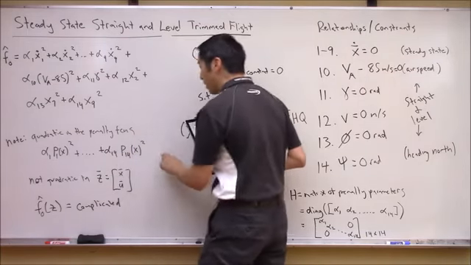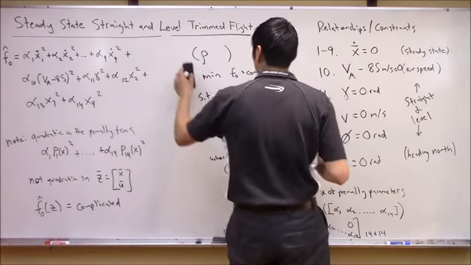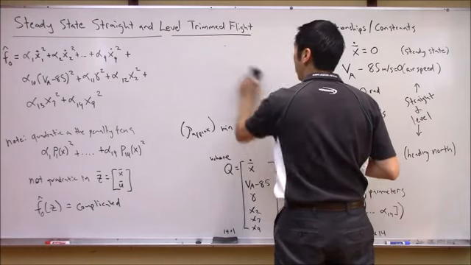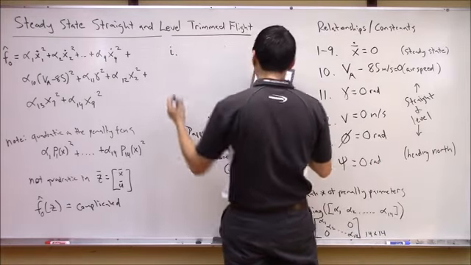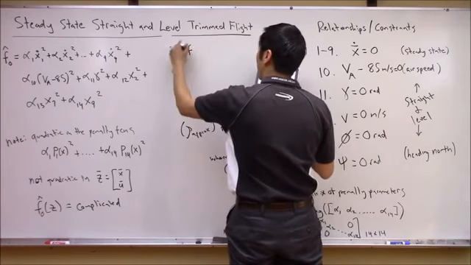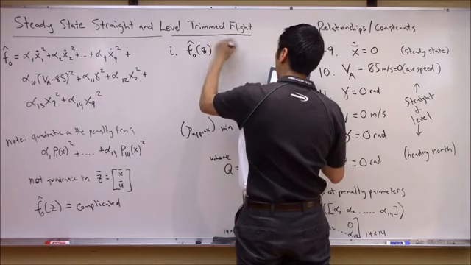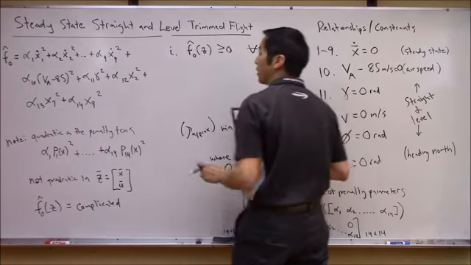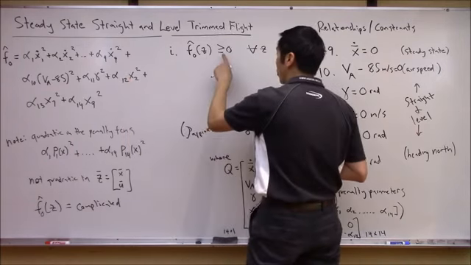And what's awesome about this cost function, let me erase this, we don't need this anymore, is that we can also note that it has the behavior that we'd like. In the sense that f0 hat of Z is greater than or equal to 0 for all Z. No matter what value of Z you stick in here, you always get something greater than or equal to 0.